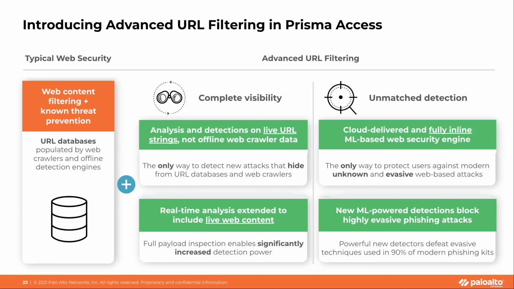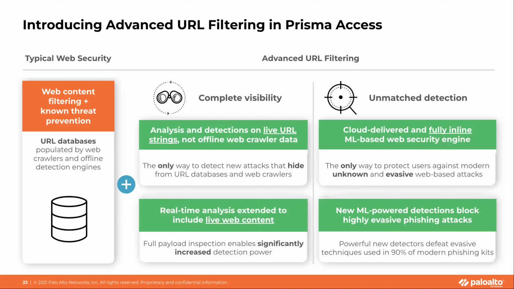So with advanced URL filtering, we are bringing in a cloud-based mechanism to detect these unknown and evasive web attacks that might not be accessible to us, and no other vendor actually does that today. We're the first vendor to do that. We look at live URL strings, not just the web crawler data, and we detect new attacks, so that way we detect the patient zero attacks coming on.